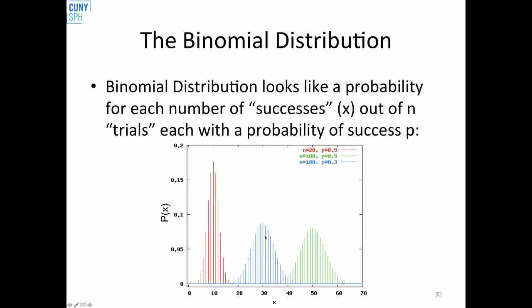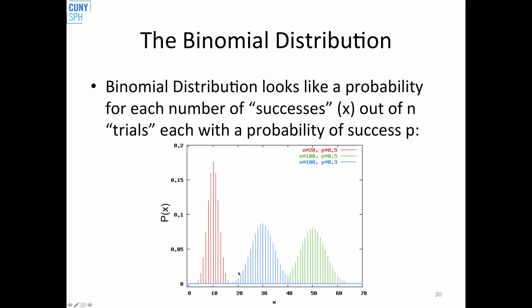Now, if I go up to 100 trials, in the green on the very right here is the distribution of successes or heads for a probability of 0.5 and 100 events. So the most likely outcome is 50 successes. You'll notice there's a somewhat wider distribution here than when there were only 20, and that makes sense because there are a lot more possibilities for the outcome.